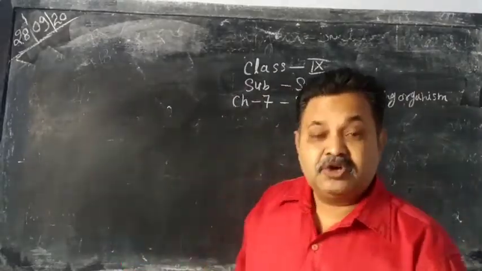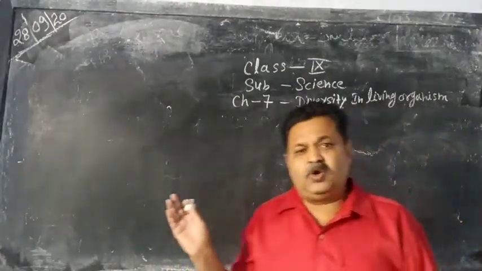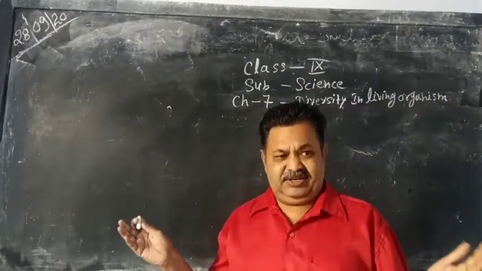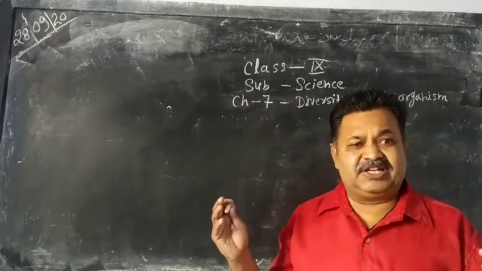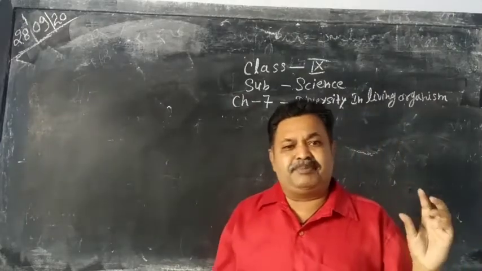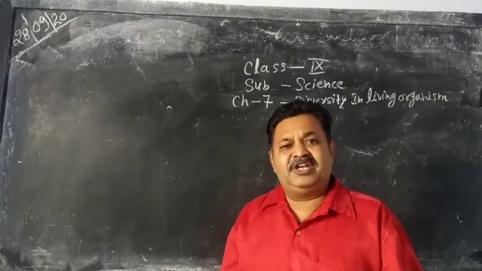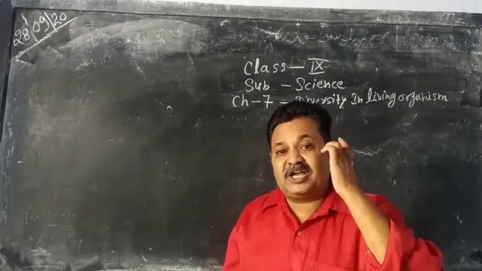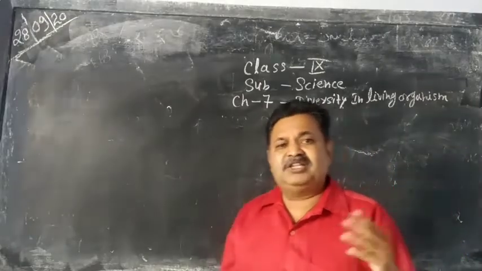Habitat means where living organisms grow, or their birthplace, or where they perform all their living activities. So habitat is the place where the living organism lives. Such classification is based on habitat.